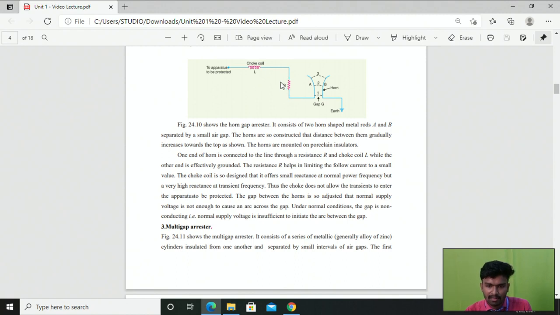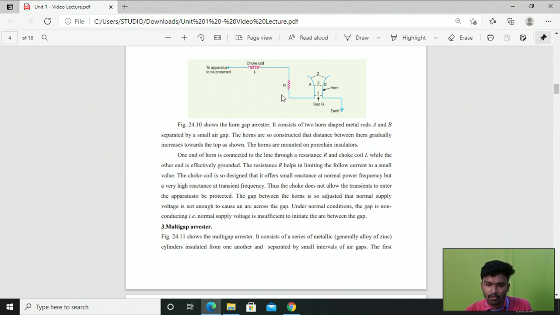So the resistance is mainly used to oppose the follow-up current, and the choke coil is used to provide very small reactance at normal power frequency and very high reactance at transient frequency.